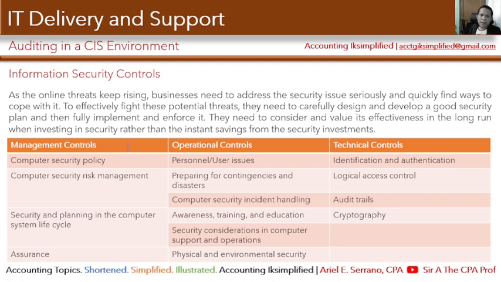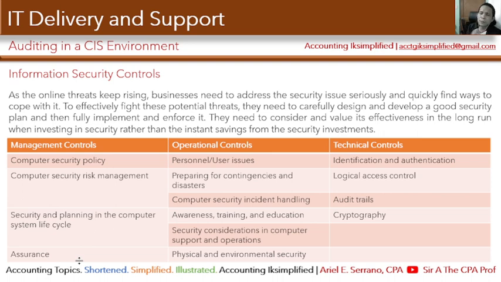Meron tayong tatlong klase ng controls: management, operational, and technical. Pagdating sa management, we are talking here of computer security policy, risk management, no? Of course, computer security risk management, security and planning in the computer system lifecycle, and assurance.